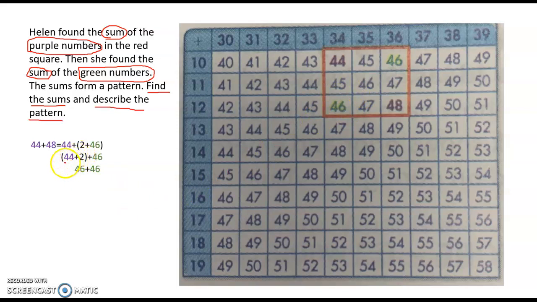Yesterday I learned that I can order numbers however I want and still get the same sum. So I have here 44 plus 2 plus 46. I could start with 2 plus 46, or I could start with 44 plus 2.